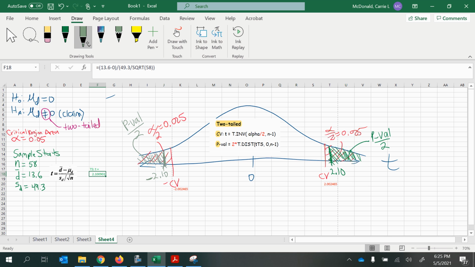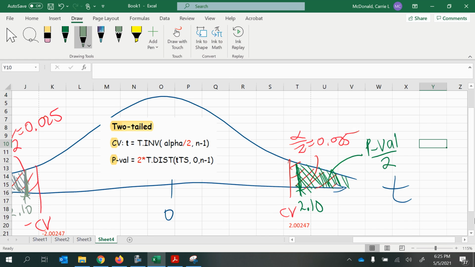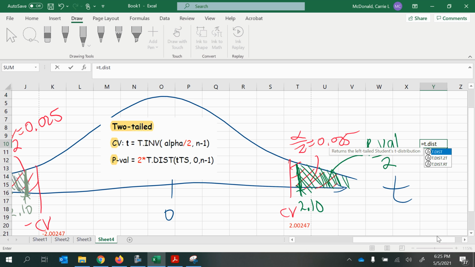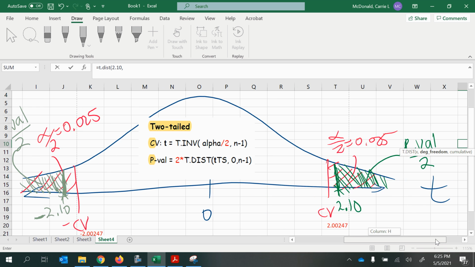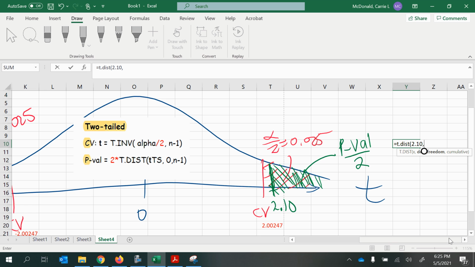Now, which area is going to be easier to find with t.dist? It's going to be the one using the negative value. Now, if you use the positive test statistic here, let me show you what happens. If you do t.dist on your positive test statistic 2.10, again, the degrees of freedom was 58 minus 1 is 57, and 1 for cumulative.